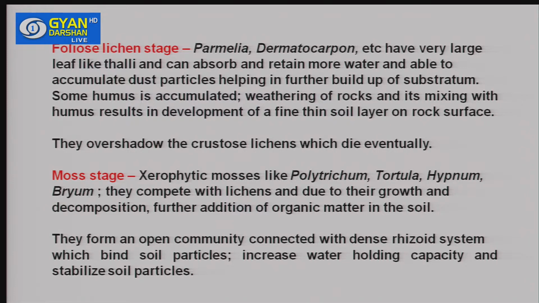They come and settle. They compete with the lichens due to their growth and decomposition, and finally they form an open community. They can bind soil particles, they can increase water holding capacity. So you see, the soil is becoming more and more favorable for the higher plant communities.